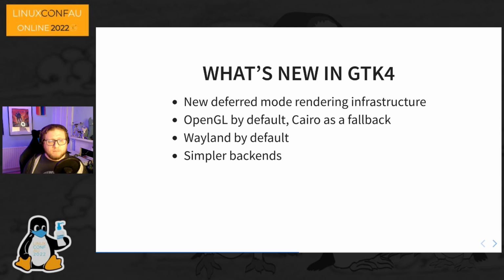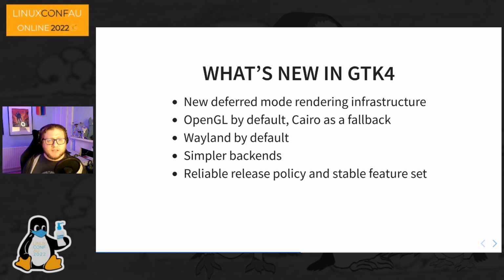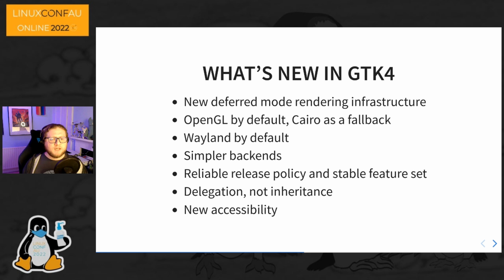We have much simpler backends, so they are easy to test, fix, and maintain. We have a reliable release policy and a stable feature set for every single new major release of GTK. We use delegation instead of inheritance, making the API more reliable. And we have a new accessibility API.